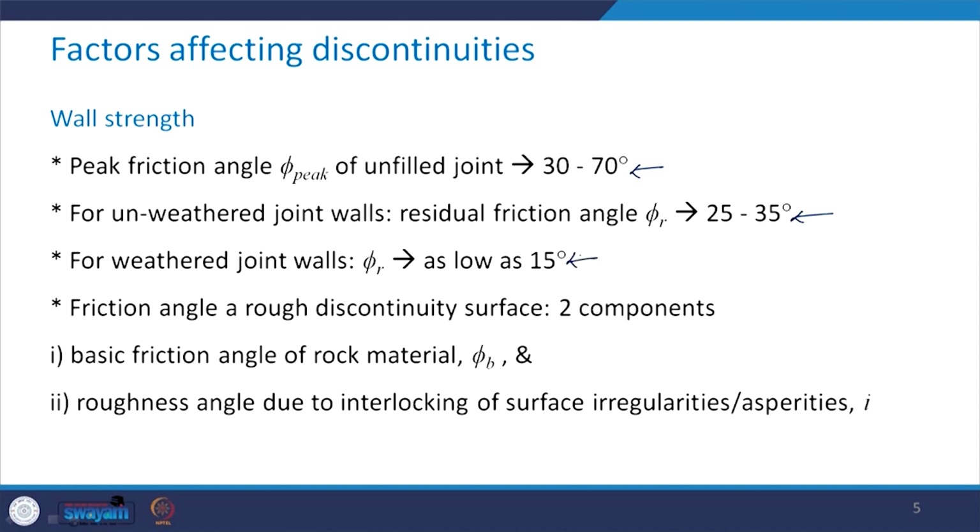The friction angle of a rough discontinuity surface has two components. The first one is the basic friction angle of the rock material, which is represented by phi b, and the second one is the roughness angle due to interlocking of surface irregularities or asperities, which we represent by i.